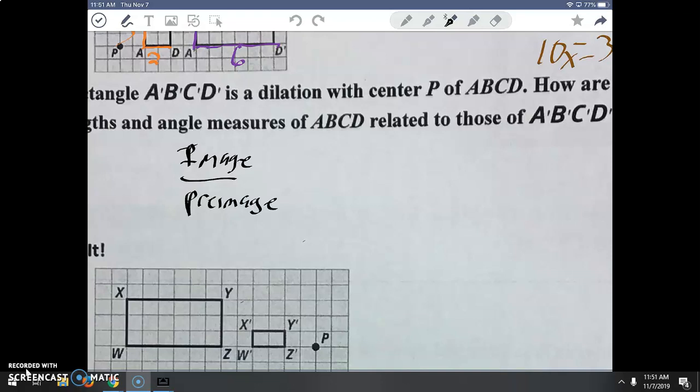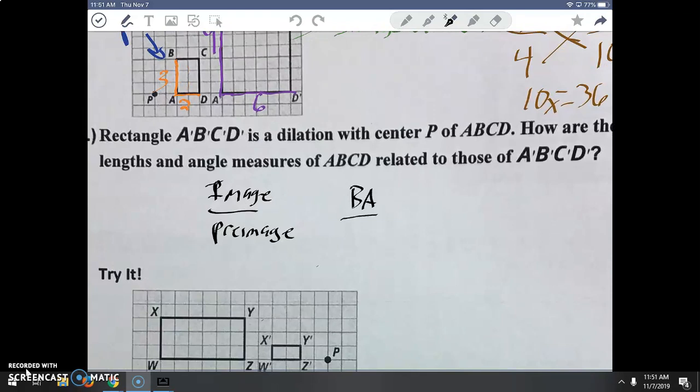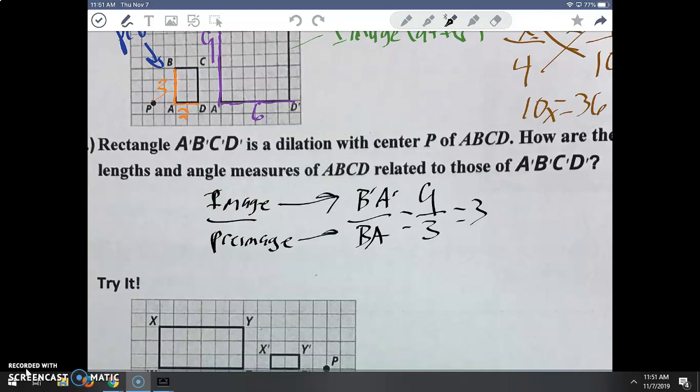If we did BA over B prime A prime, sorry, it's the other way around, B prime A prime over BA, you end up getting 9 over 3, which is 3. Notice the image goes on top, pre-image on bottom.